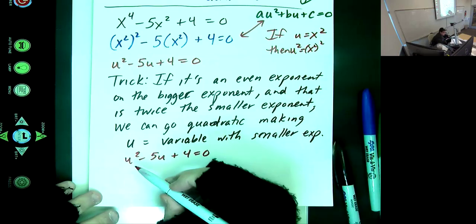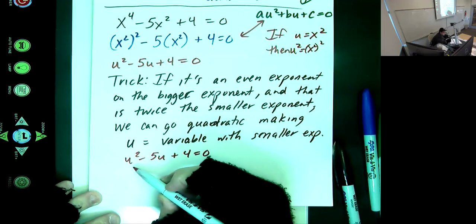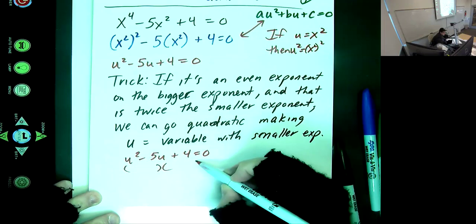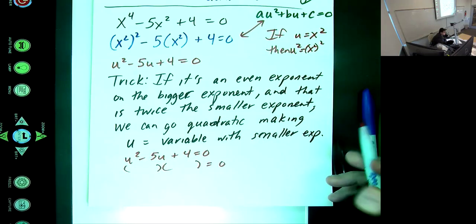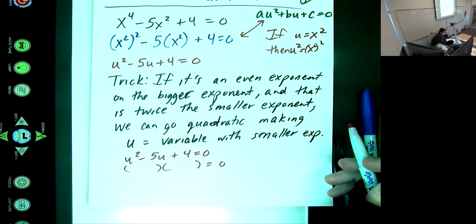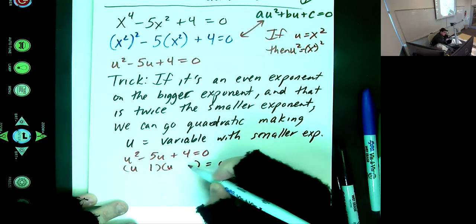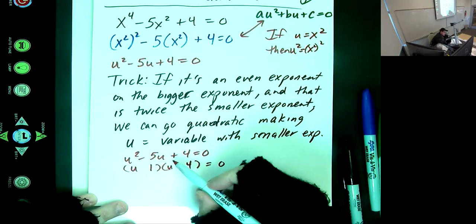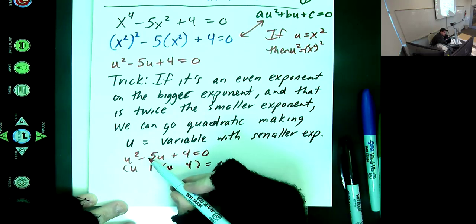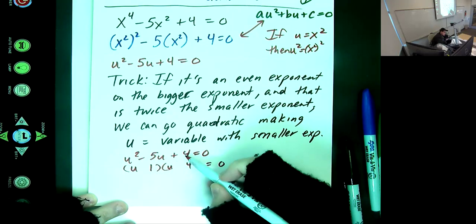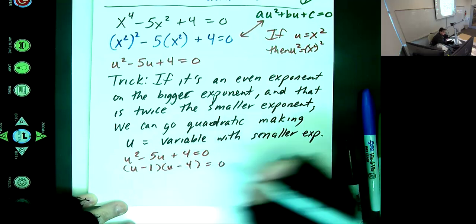What are the factors here? 1 and 4. So I got a u, a 1, and a 4. And to get a negative here, one of them has to be negative. And to get a positive here, they both have to be negative.